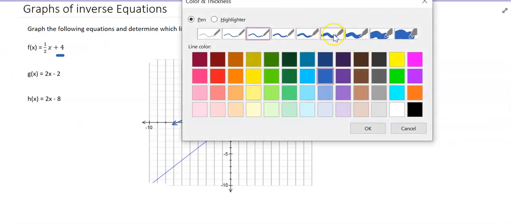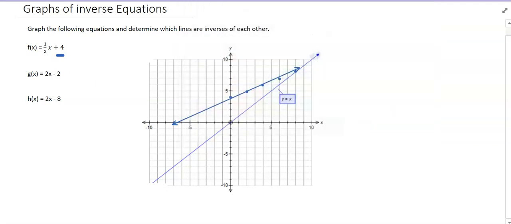Now g of x. Let's create that one in green. So g of x begins at -2, so I'm going to go down 2, and from there, the slope is 2, which is really the same as 2/1. So I'm going to go up 2/1.